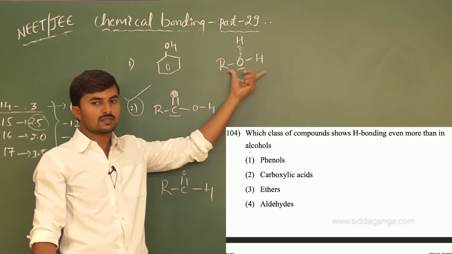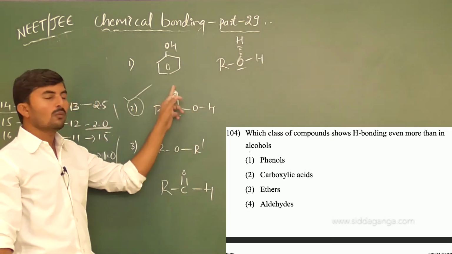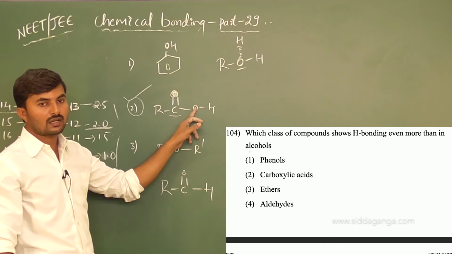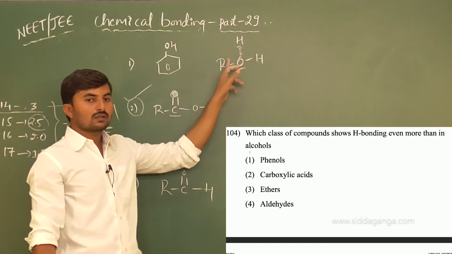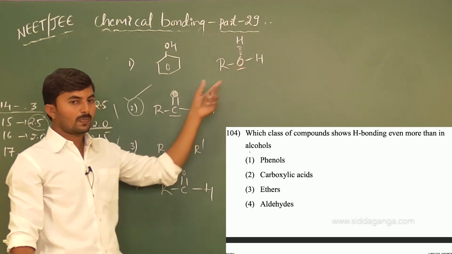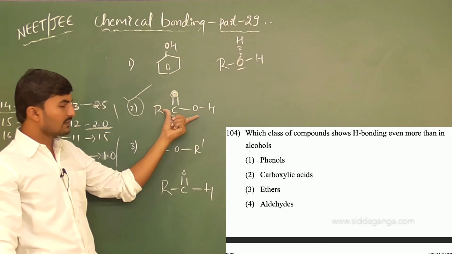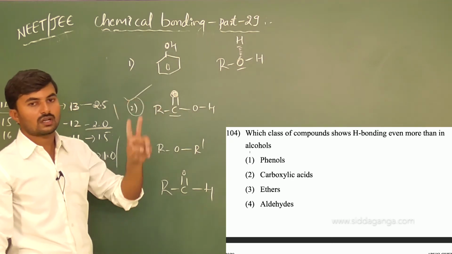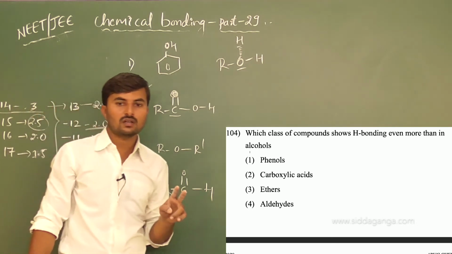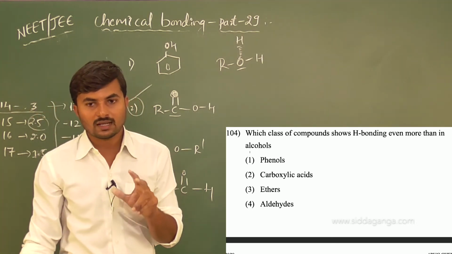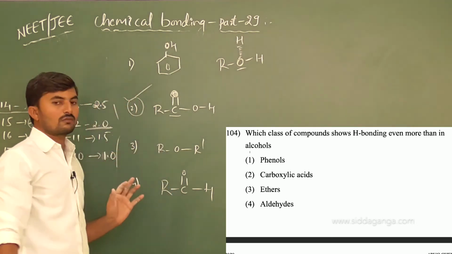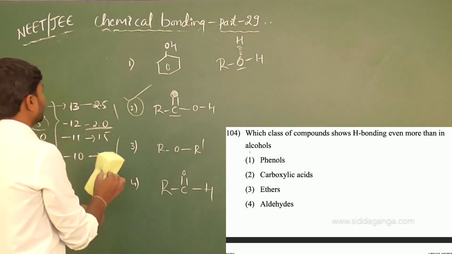You must remember this, because of the presence of two highly electronegative oxygen atoms. Alcohols will have a single oxygen atom, carboxylic acids will have two oxygen atoms. Which is the correct option here? Option 2, carboxylic acids, is the right option. Okay, next.